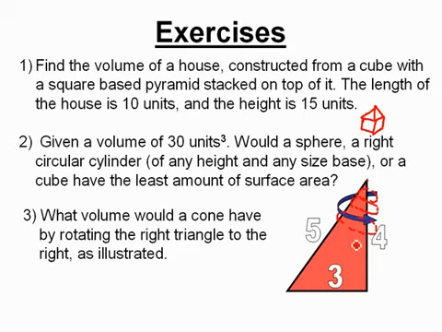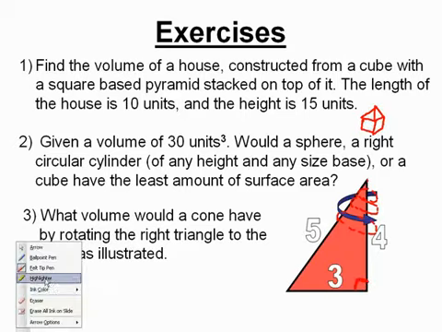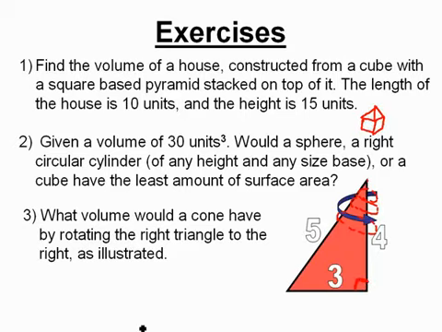Now, when you're only looking at the right triangle, I'll just grab the black ink. The height of the right triangle is 4 units, the base is 3 units, and the hypotenuse is 5 units. Using this information, calculate the volume of the cone that you'd be forming.